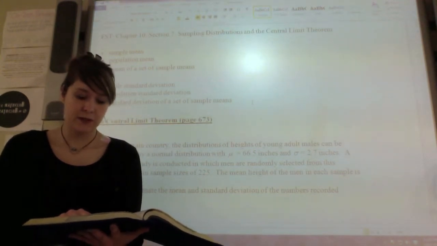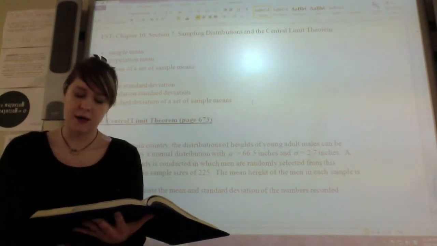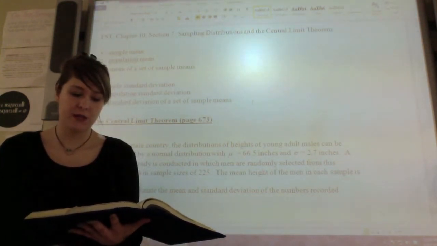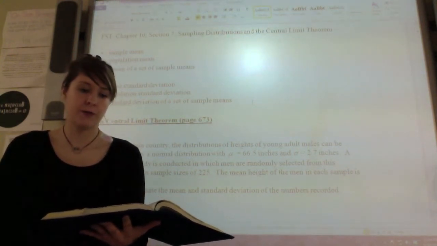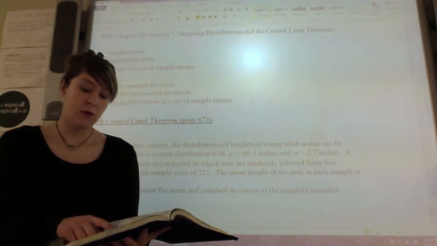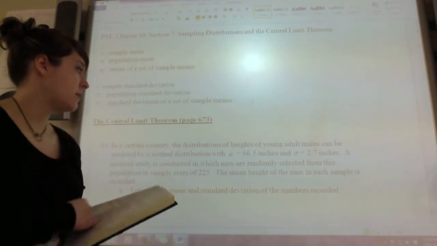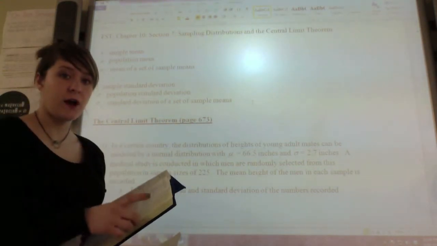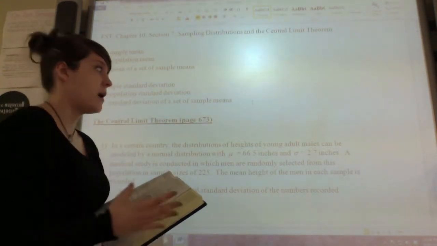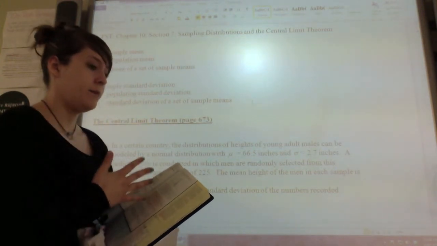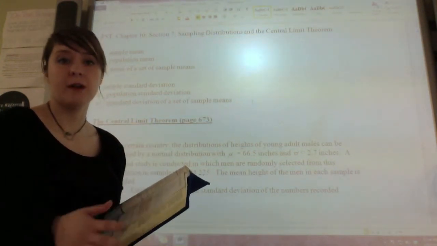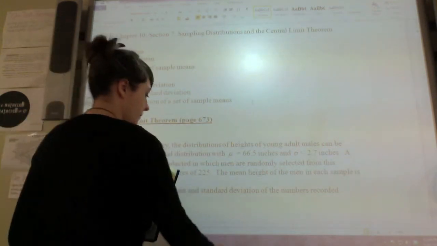Number 2, the standard deviation, sigma x bar, of the distribution of sample means approaches sigma over the square root of n. So looking at our in-class activity, for each of our different trials, we had 4 possible numbers that we were looking at. So we were finding the mean of 4 numbers, essentially.